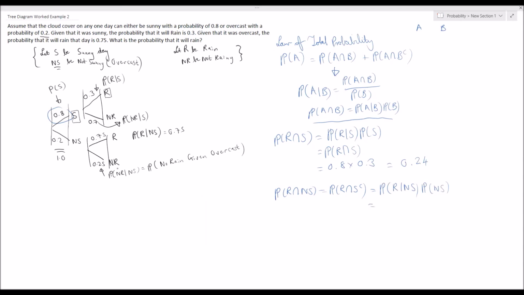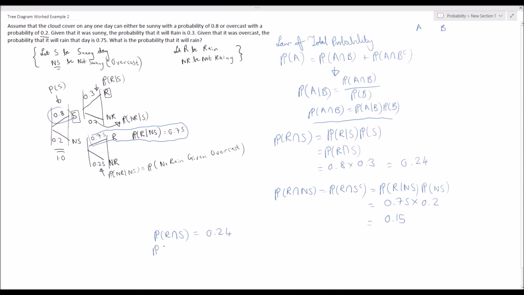And this is equal to this branch over here, which you can see 0.75. And we're multiplying this by the probability of no sun, which is 0.2. And this is equal to 0.15.